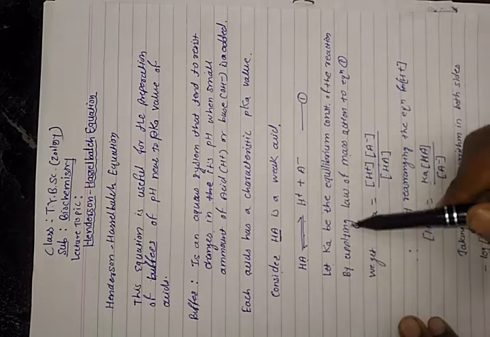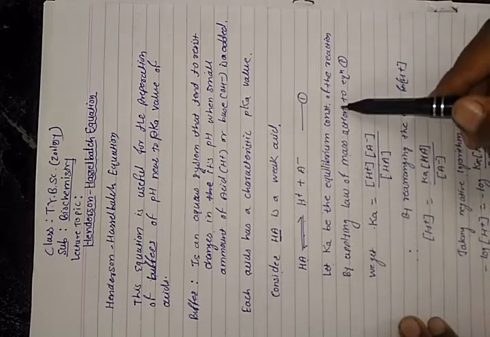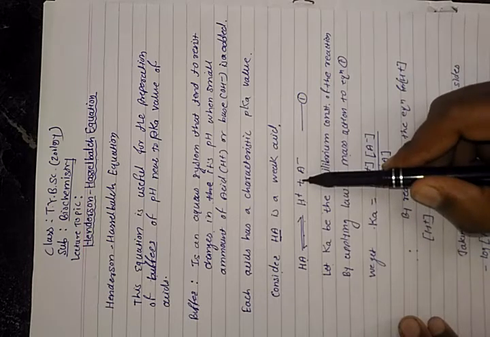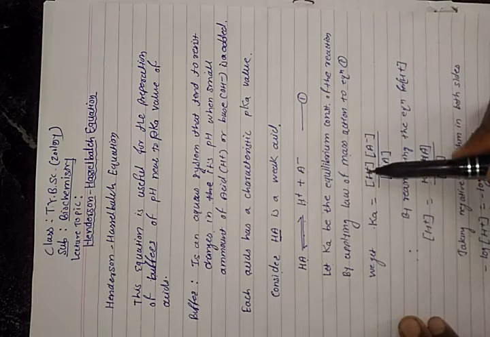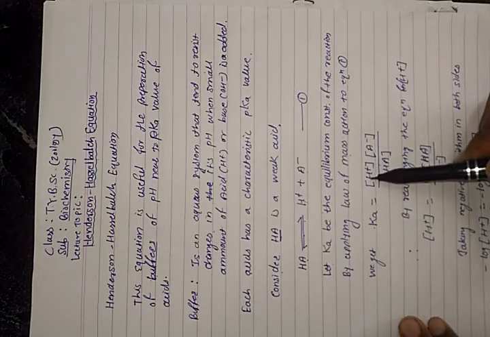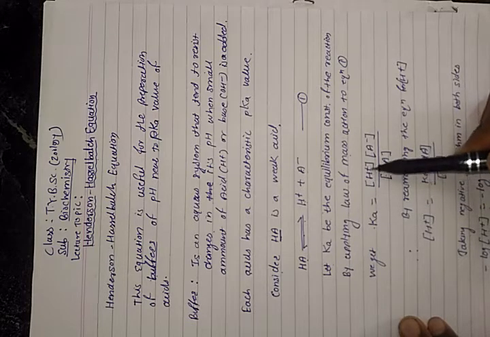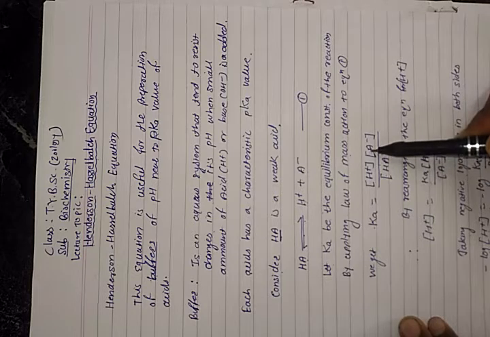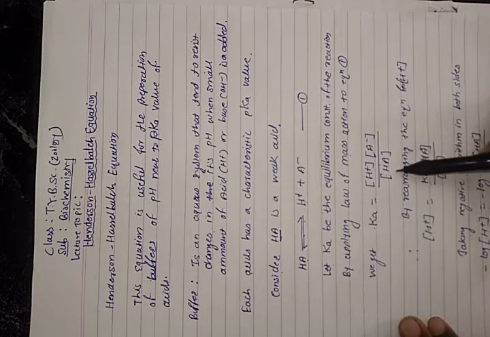By applying law of mass action to this reaction, we get an equation: Ka is equal to concentration of H plus into concentration of A minus upon concentration of HA.